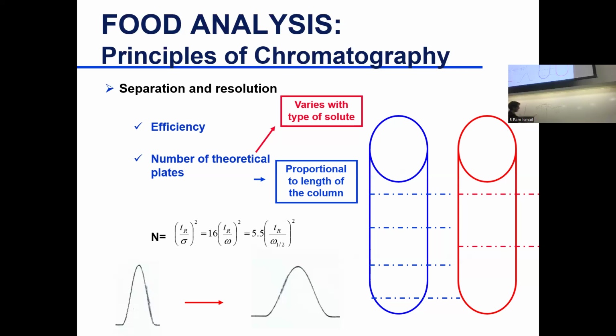So we go from this to 1, 2, 3. Now n equal 3 versus n equal 5. So what happened? It took longer to reach equilibrium. So now I have a wider peak.